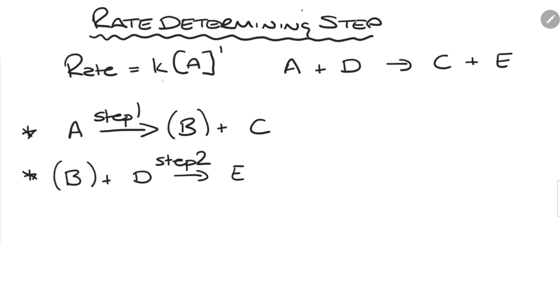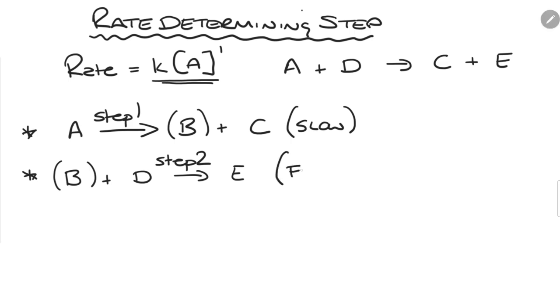In this rate equation, it is telling us that one molecule of A is involved in the slowest rate determining step, which means, because A is only involved in the first step, we know that this must be the slowest step and subsequently becomes the rate determining one. This is giving us a direct insight into the mechanism of the reaction and how these two processes occur.